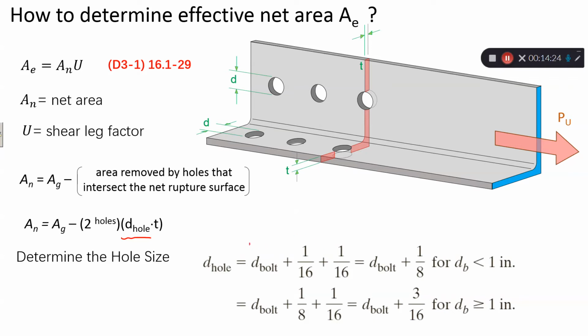The first portion, d bolt plus 1/16, is the nominal hole diameter, and another 1/16 is the damage allowance.